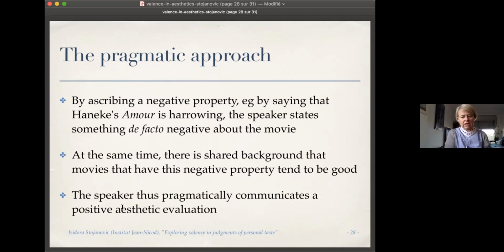So it is, as it were, a second order evaluation that the movie having a negative property is good for that movie. And so the speaker, given that background knowledge, again, pragmatically communicates a positive value judgment.